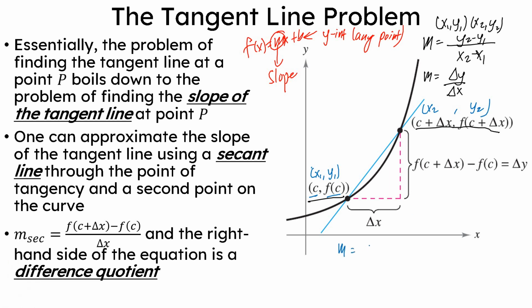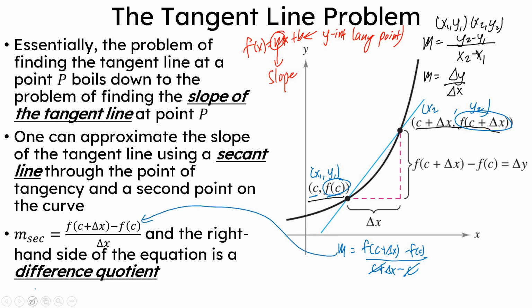The slope of the secant line would be f of c plus delta x minus f of c, that's y sub 2 minus y sub 1, all over x sub 2, which is c plus delta x, minus x sub 1, which is c, which cancels out c. Therefore, the slope of the secant line will be f of c plus delta x minus f of c over delta x. This expression is known as the difference quotient.